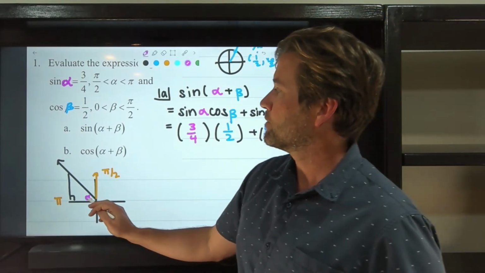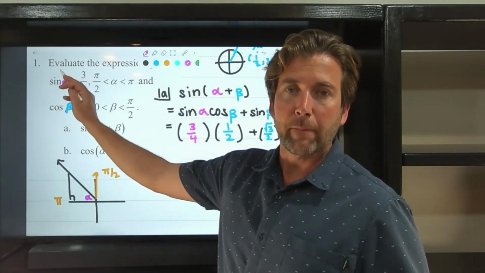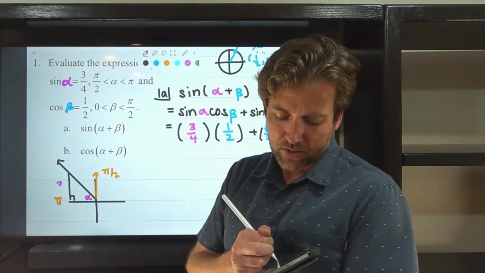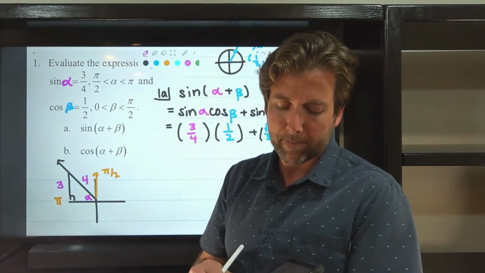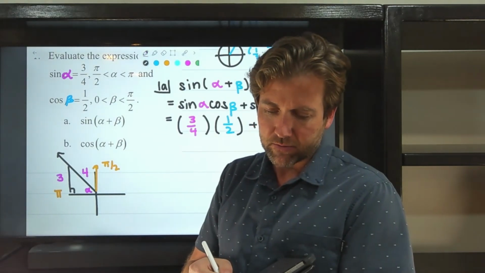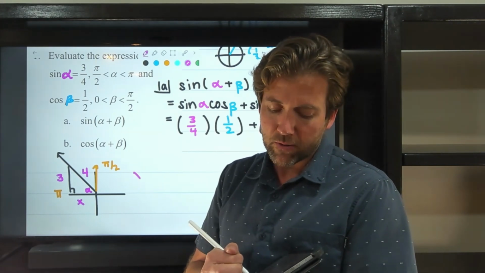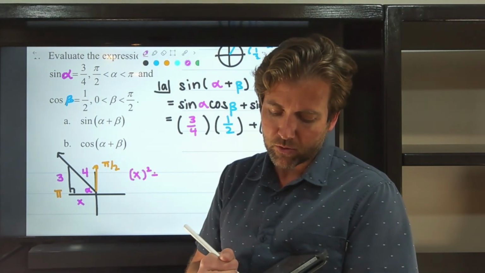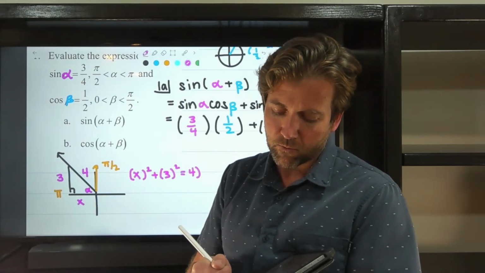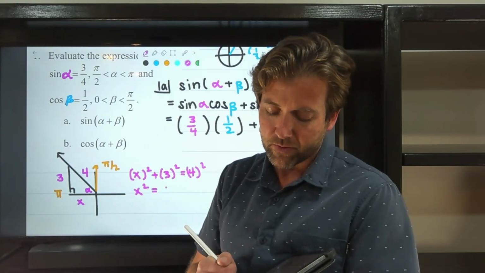The sine of alpha, SOHCAHTOA, right? The sine of alpha is the opposite over the hypotenuse. So this opposite side is 3, the hypotenuse is 4. Now I'm going to find that missing side, I'll call it x. So using the Pythagorean theorem, x squared plus 3 squared has to equal 4 squared. So x squared equals 7.